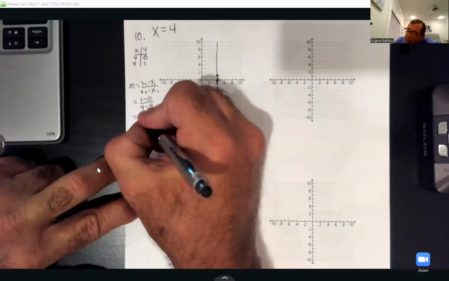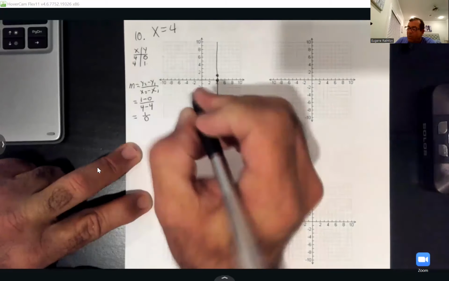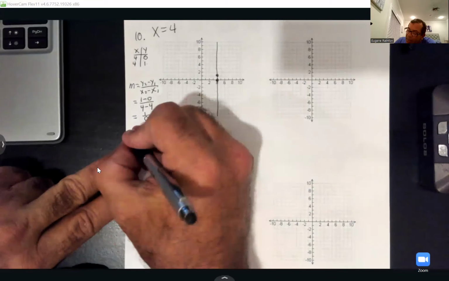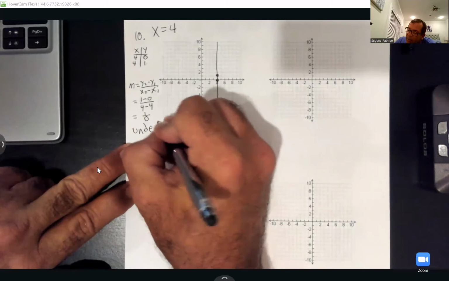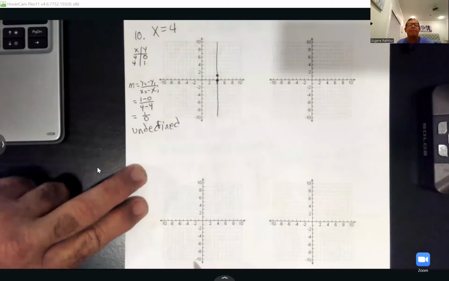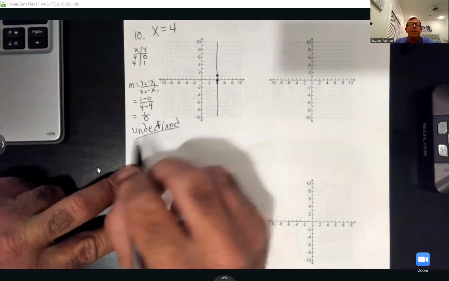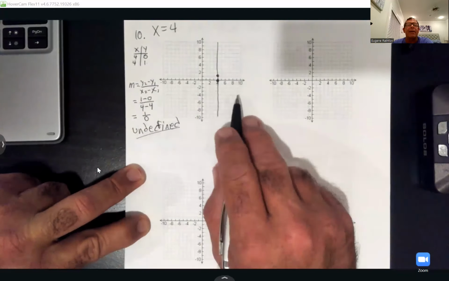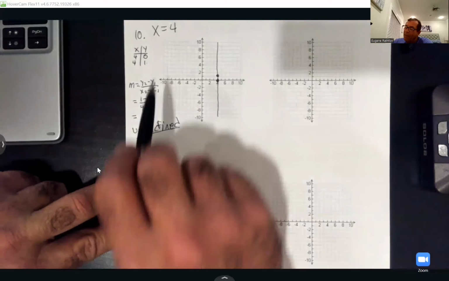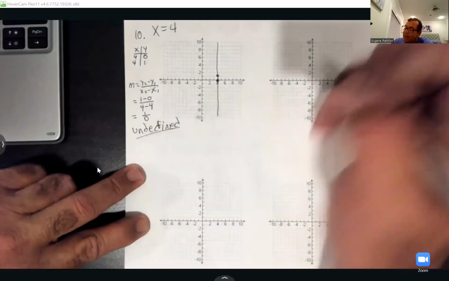But notice on top you get a 1 over 0. Since we got a 0 in the bottom, that means this is undefined. Slope is undefined because it's not moving left to right. It's just a vertical line, okay? So remember, vertical lines, undefined.